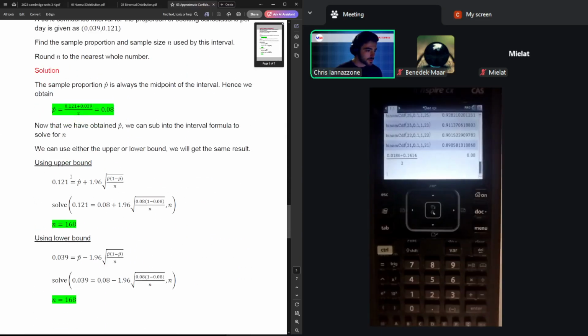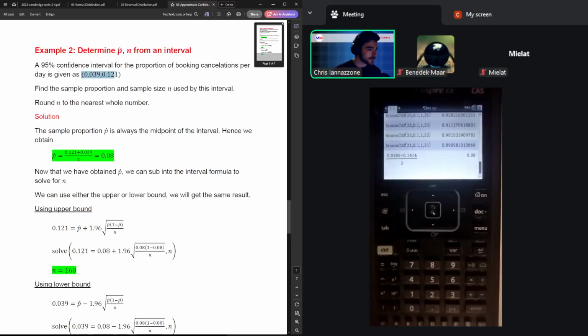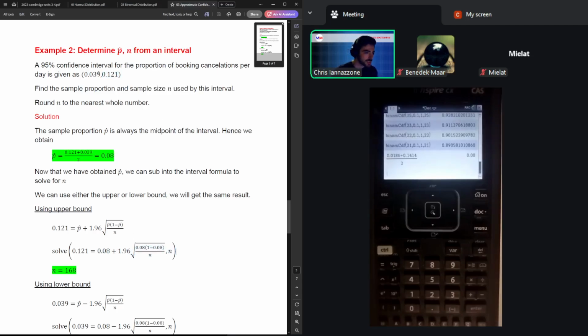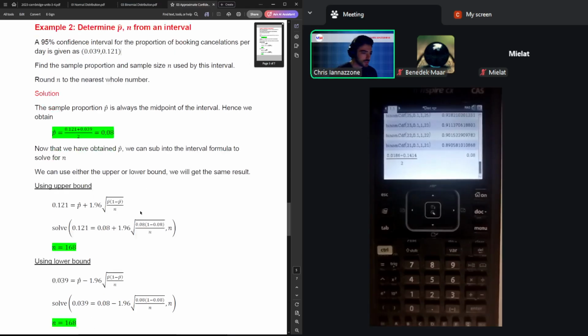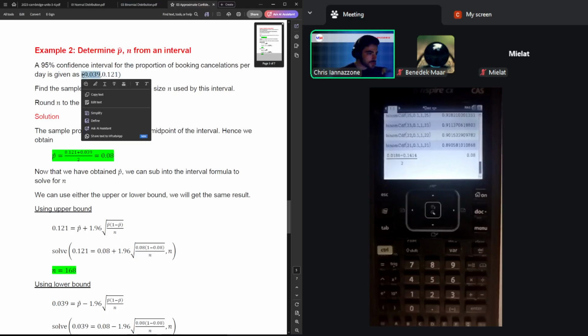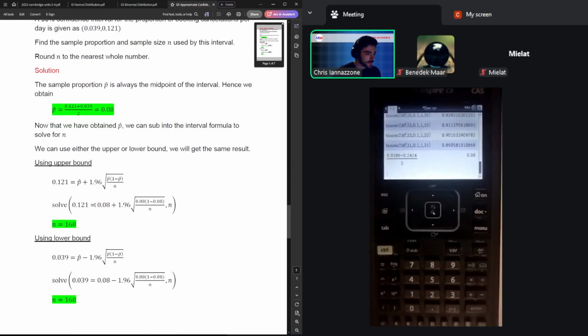So, you actually have a choice here. If you know the interval, you know that this one was created by doing p hat plus some number of standard deviations, and this one was created by doing p hat minus some number of standard deviations. We know the p hat, we know the z is 1.96, and we know either the upper or the lower, depending on which you want to use.